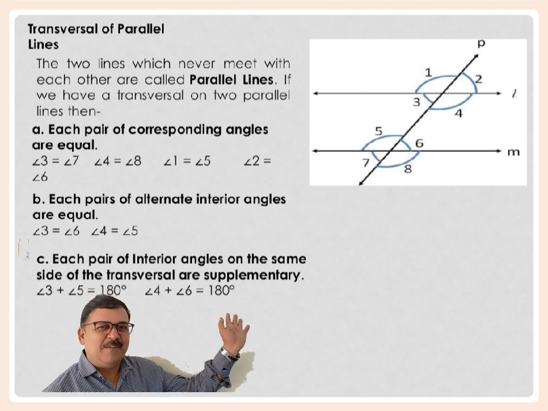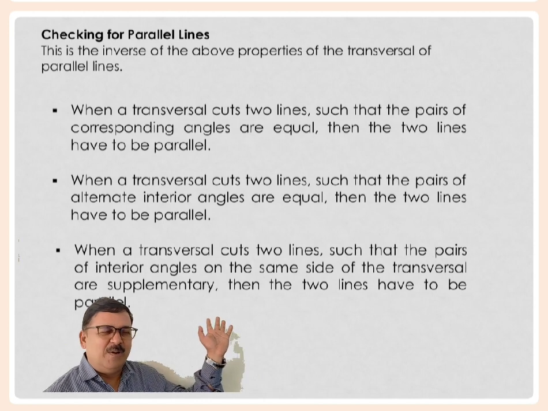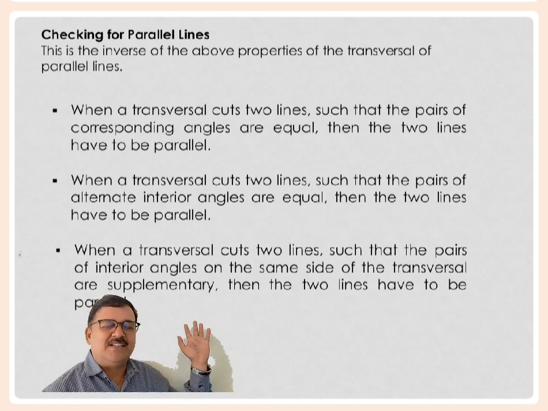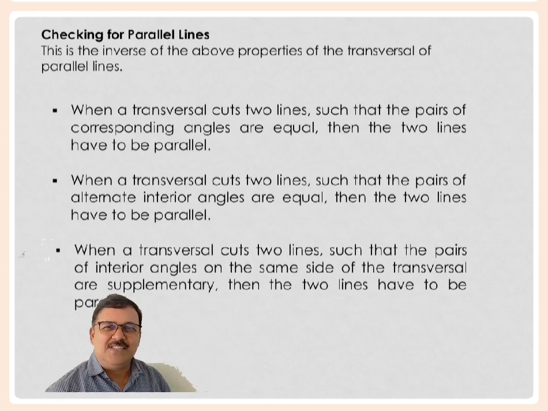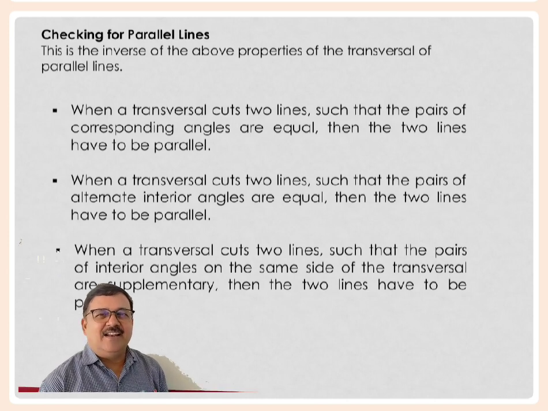Now pair of corresponding angles. See in the figure angle 1 and angle 5, angle 2 and angle 6, angle 3 and angle 7, angle 4 and angle 8. They are pairs of corresponding angles.